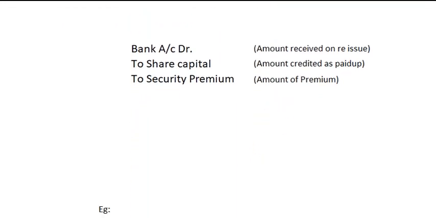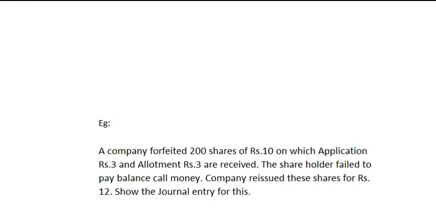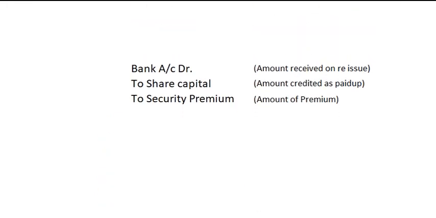Now the reissue of shares at premium. As you know, premium means the shares are issued at a price higher than their face value. In that case, the journal entry will be Bank Account Dr. to Share Capital, to Securities Premium. Debit bank account with all the amount received on reissue, and credit share capital with the exact amount paid up on these shares, except the securities premium.